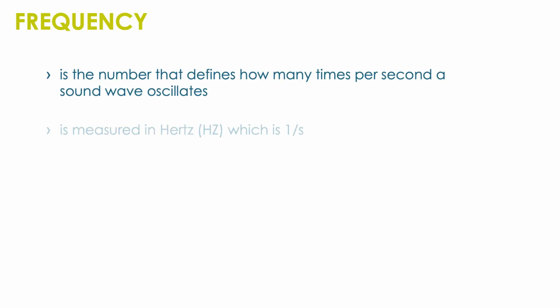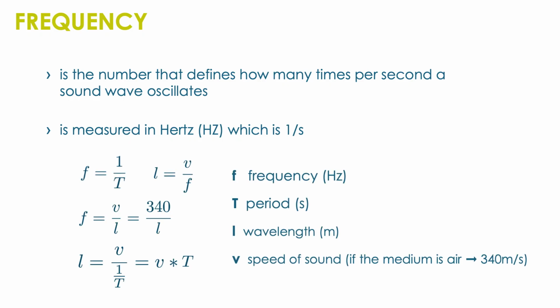The frequency and the wavelength are connected and they are inversely related. Using the speed of sound in air, approximately 340 meters per second, we can compute the wavelength. And here are some formulas that connect the frequency f, T the period, L the wavelength, and V, which is the speed of sound, which is 340 meters per second.